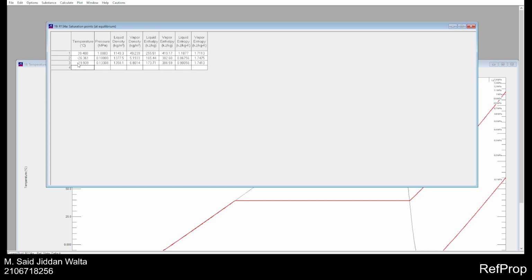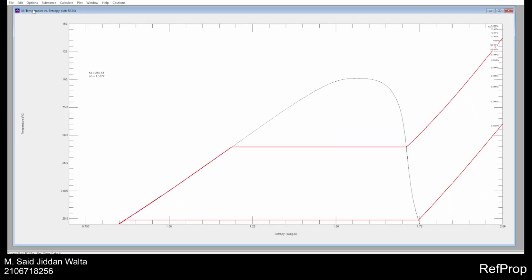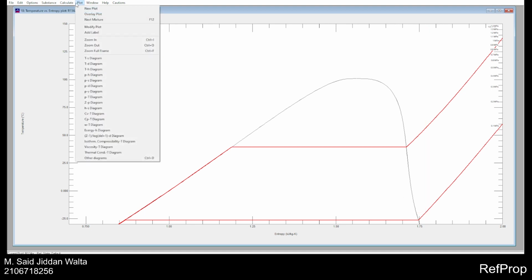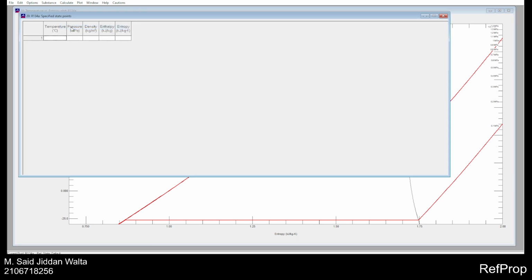However, we cannot just directly use this value for the saturation points or saturated vapor values, but we need to make sure that we are on the right point on this pressure line. To do so, we can just use the shift button and see on the top tab where we are probably at for this point, and we can use the specified state points to mark a certain point on this graph and find its temperature, pressure, density, enthalpy, and entropy.